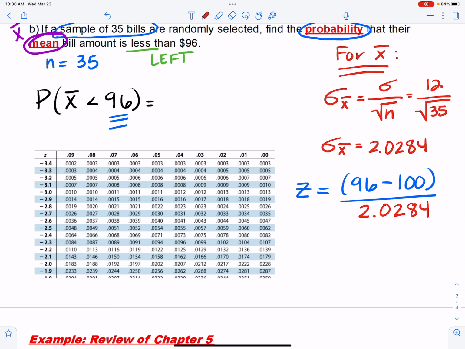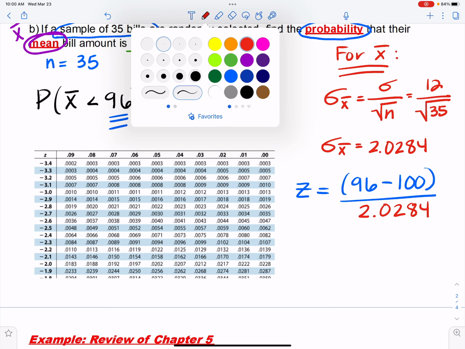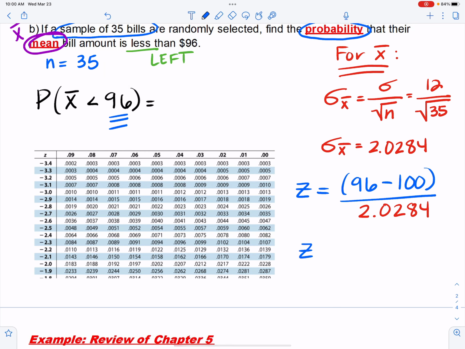That's what you've got to remember. With sample means, your standard deviation is different. Using this new standard deviation, I get a value of Z, rounded to 2 decimal places, of negative 1.97. Then again, the whole purpose of finding Z, you're not done because this is not a probability. It's not an area.